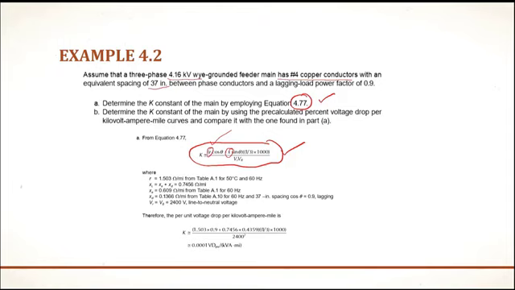Now I am going to use the tables from the appendix of the book. You can see using table A.1 we can figure out the value of resistance. The value of resistance for 50 degrees Celsius and 60 Hz frequency can be seen over here.